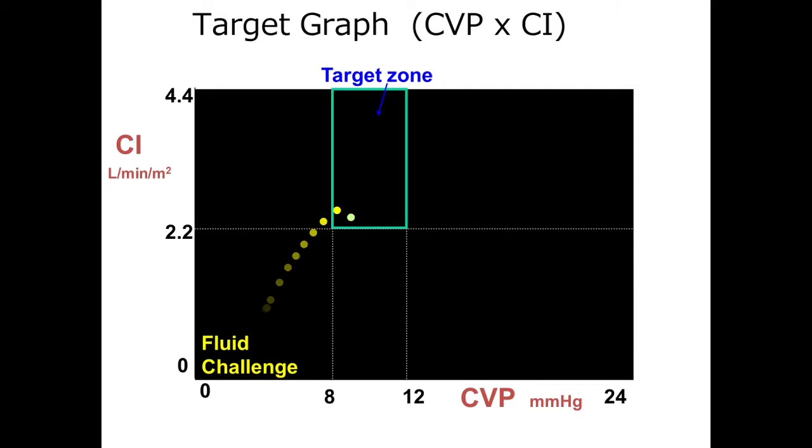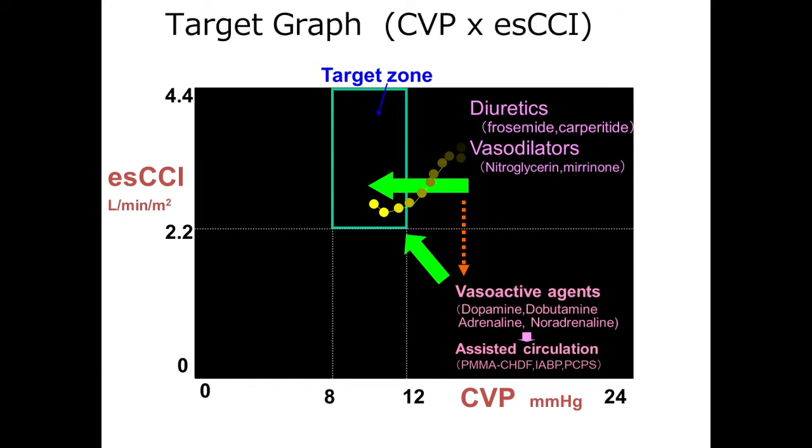So cardiac index will go down. So it is important to know when we have to stop the fluid. This target zone really helps this decision. So we can know what to do and when to stop.